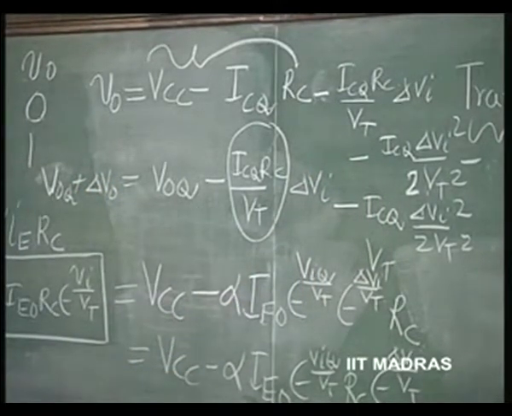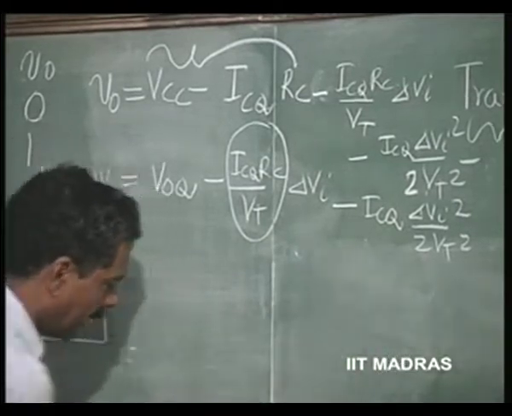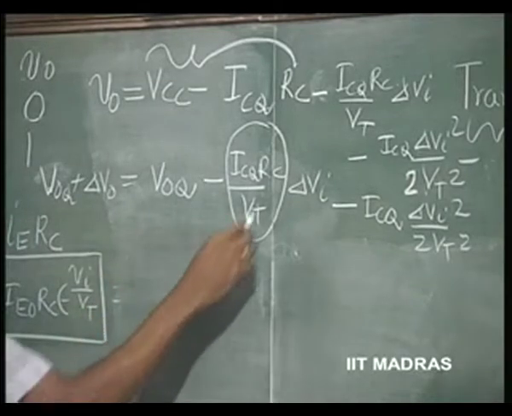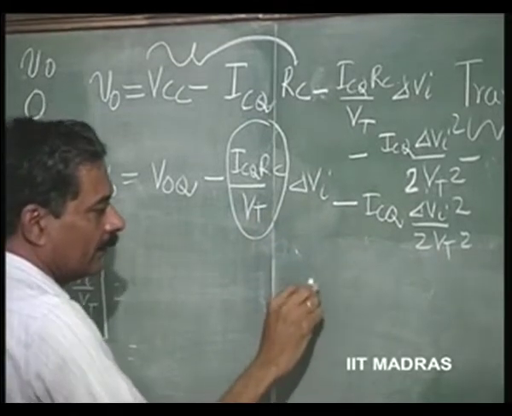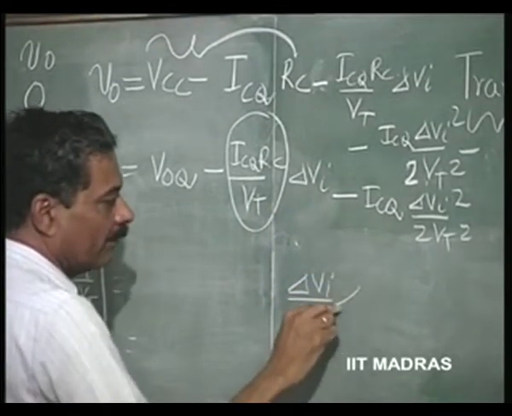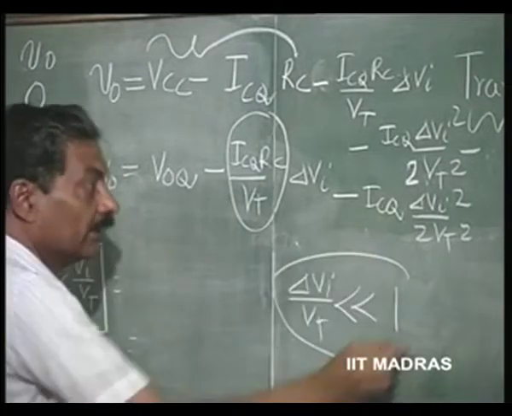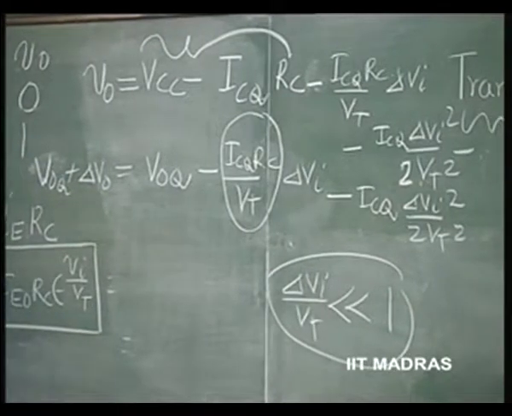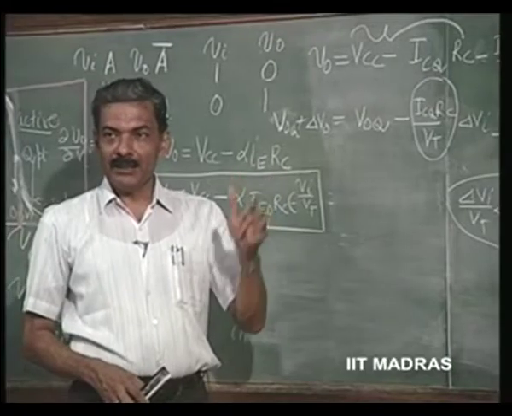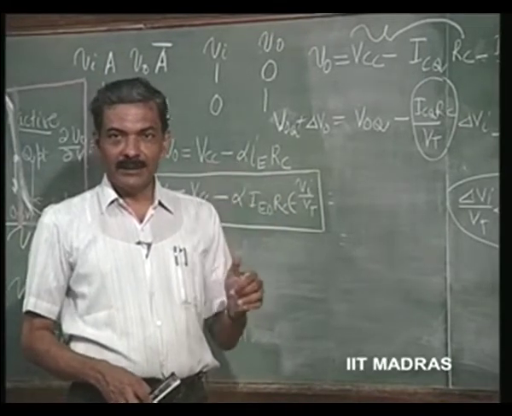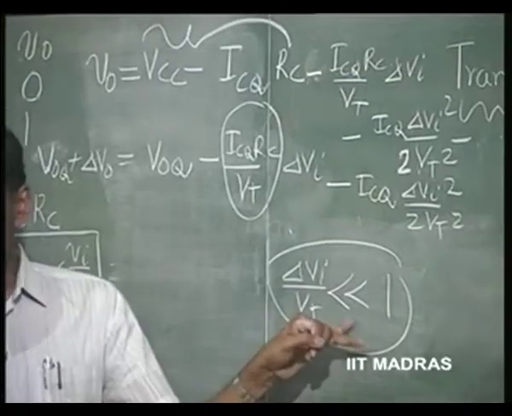For that to happen, we have to have delta VI by VT much less than 1. This is the assumption for small signal. This is because we have expanded exponent delta VI by VT as 1 plus delta VI by VT plus delta VI by VT squared by factorial 2, etc. So, the delta VI by VT factor should be much less than 1.